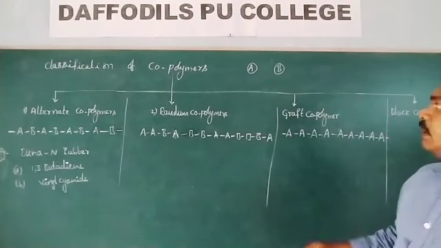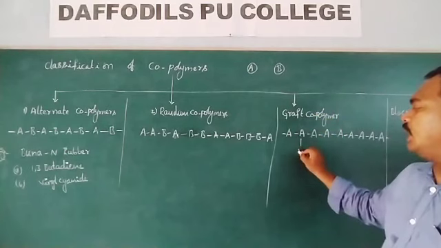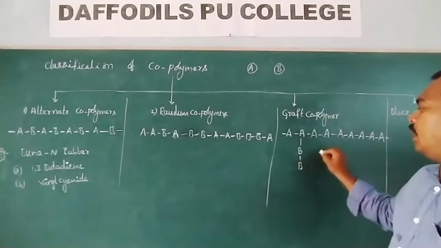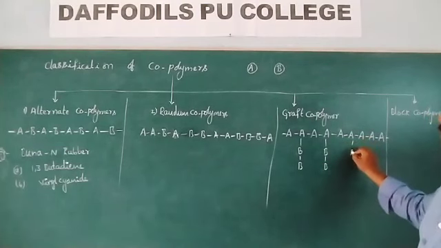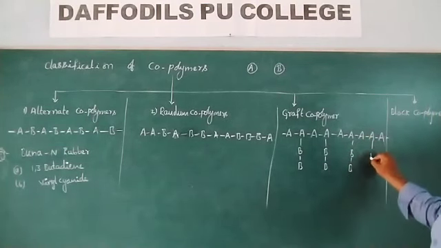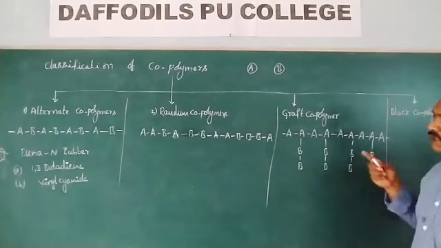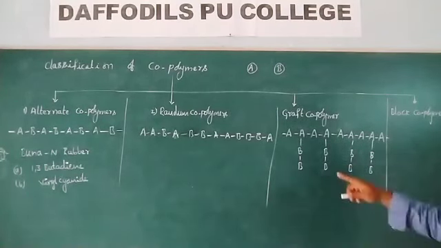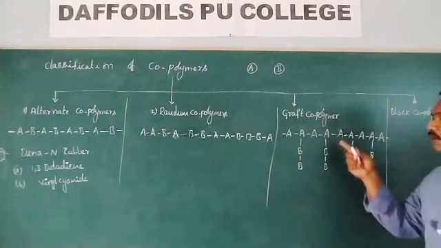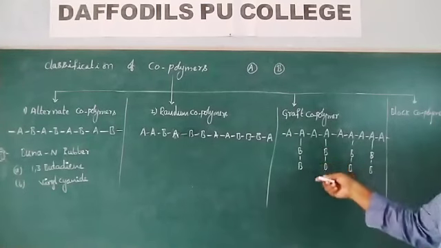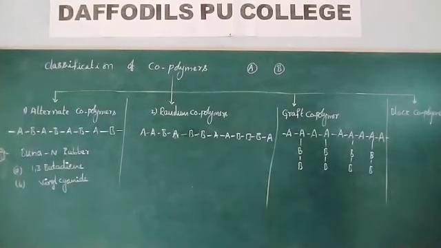To this, another monomeric unit is attached as branches, like this. So this is a graft copolymer. One monomeric unit forms a lengthy polymeric chain and another forms the branch chain. Such copolymers are known as graft copolymers.